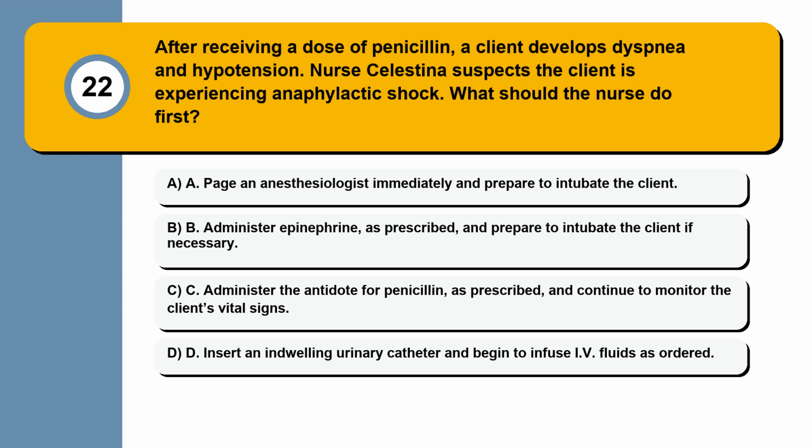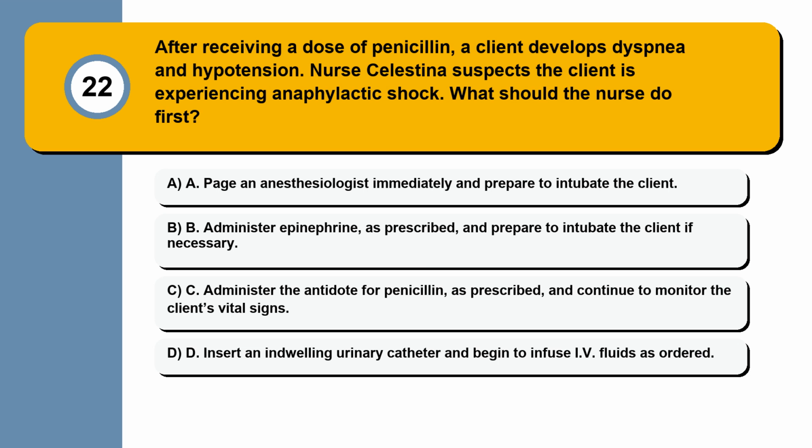Question 22. After receiving a dose of penicillin, a client develops dyspnea and hypotension. Nurse Celestina suspects the client is experiencing anaphylactic shock. What should the nurse do first? A. Page an anesthesiologist immediately and prepare to intubate the client. B. Administer epinephrine, as prescribed, and prepare to intubate the client if necessary.